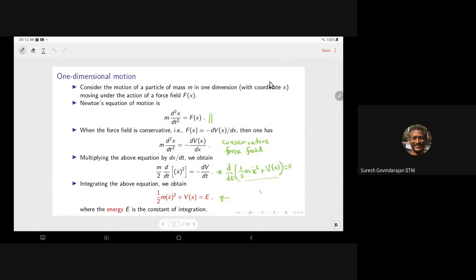If V is greater than E, there is a problem. We cannot solve this because this quantity is always positive. If you take this to the other side, you get E minus V of x. So x dot squared cannot be negative. V greater than E is not allowed.